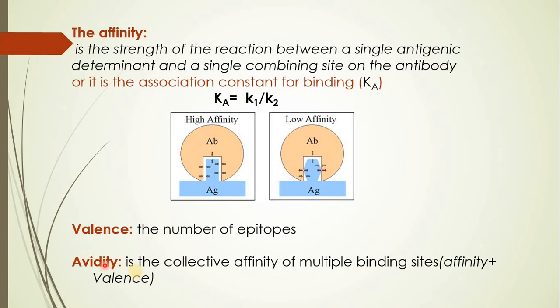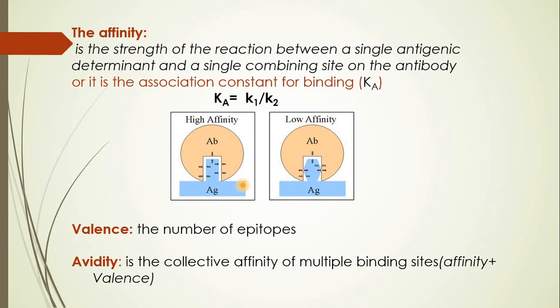Now what is avidity? Avidity is the collective term for the affinity of multiple binding sites. If I consider only one single binding site of antigen and antibody, I call it affinity. But if I consider all the binding sites of antigen interacting with all the binding sites of antibody, then the term is avidity.